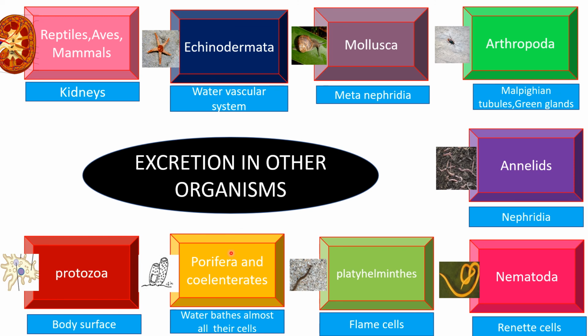Structural and functional complexity of excretory organs increases from sponges to humans. Excretory structures appear for the first time in platyhelminthes, known as flame cells.